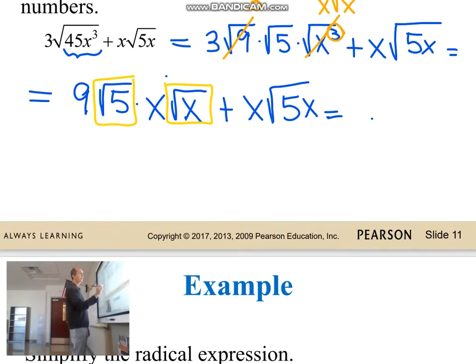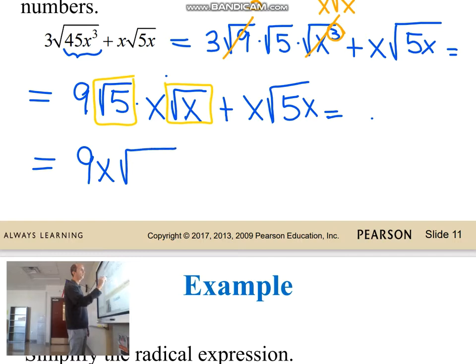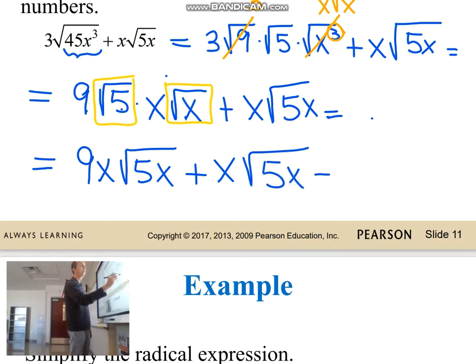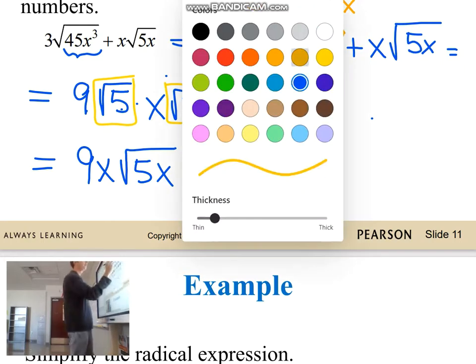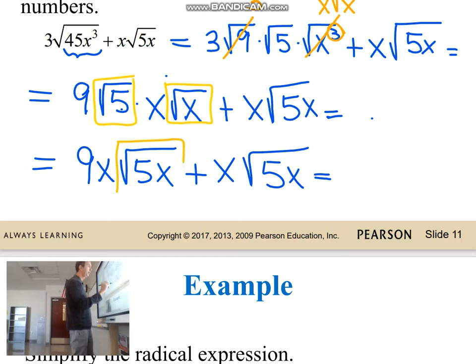Check this out: 9x square root of 5 times x plus x square root of 5 times x. Nice, because now we have a nice like term here. The square root of 5x and the square root of 5x, we can combine.